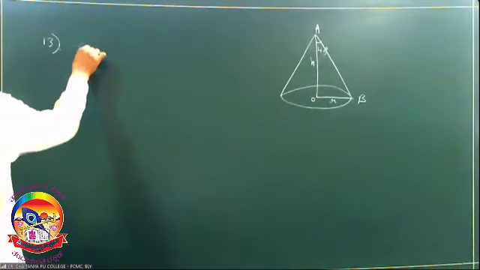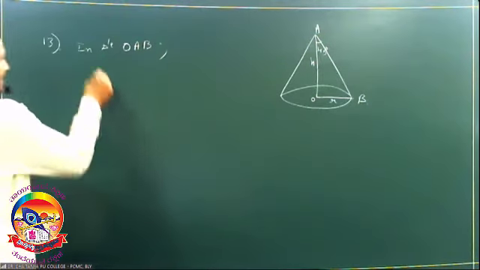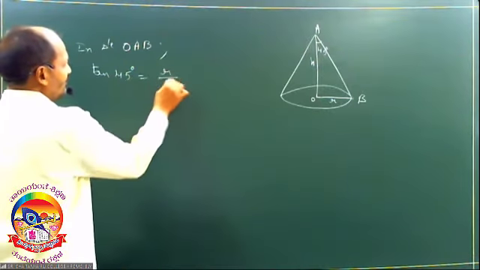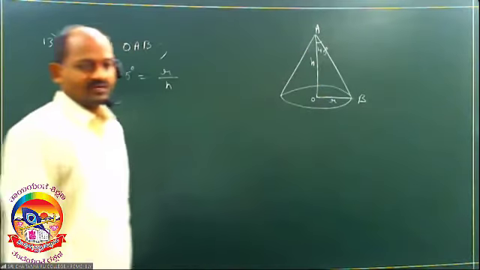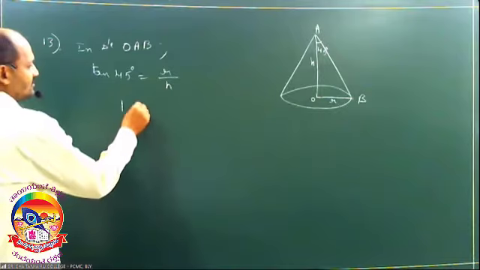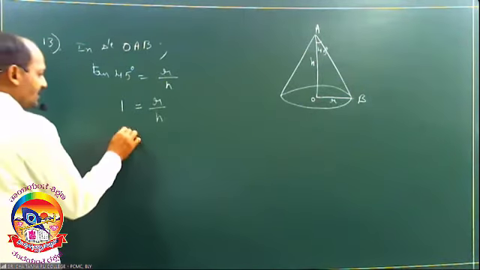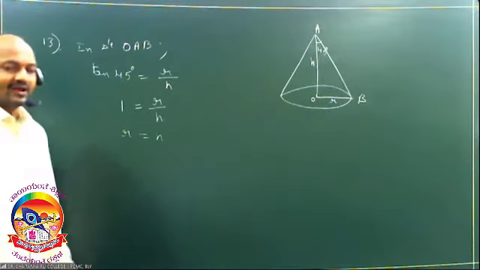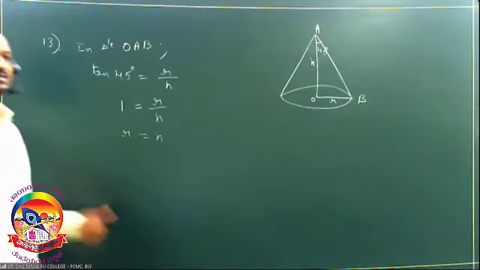In triangle OAB, tan 45 degrees is equal to R divided by H, that is, opposite side divided by adjacent side. So tan 45 degrees is equal to 1, which is equal to R divided by H. Clearly R is equal to H. Here, the rate of change of base radius is equal to which option?